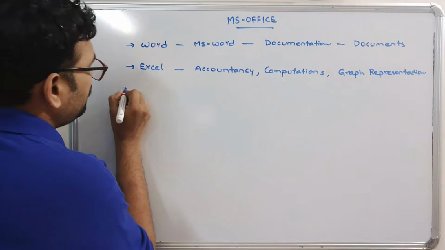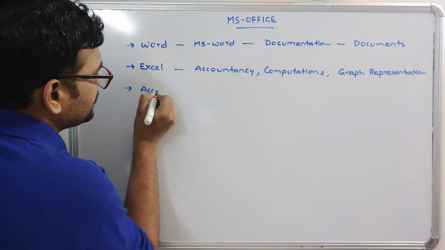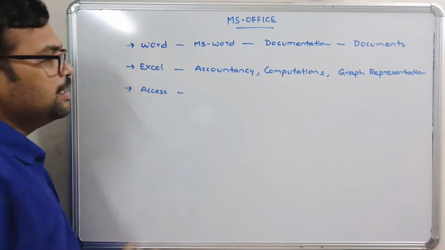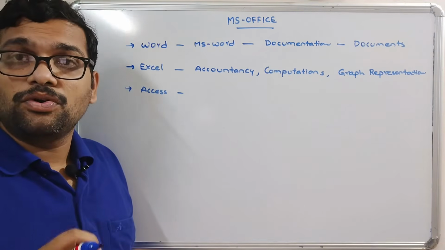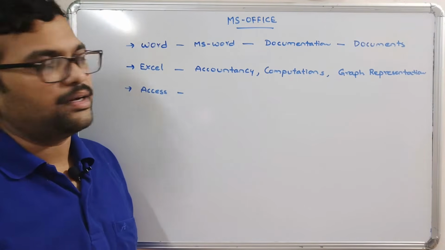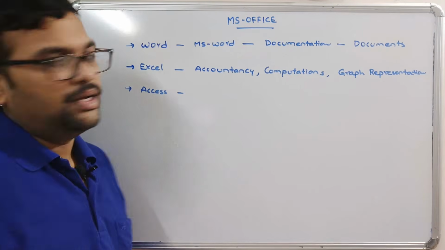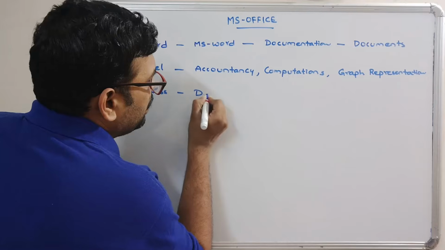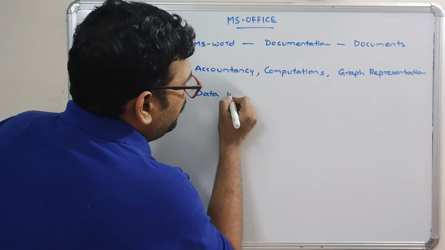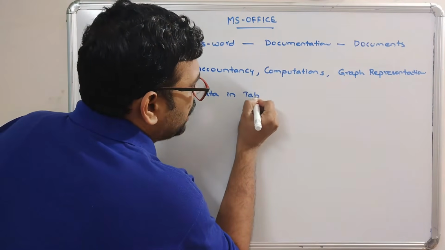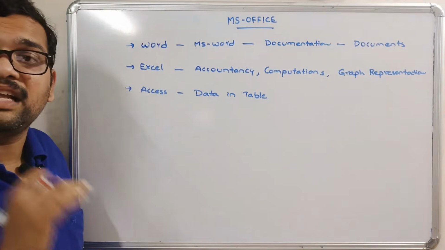And the third one is Access. This Access is used to store a large amount of data, that means data in tables. All the data will be stored in tables.